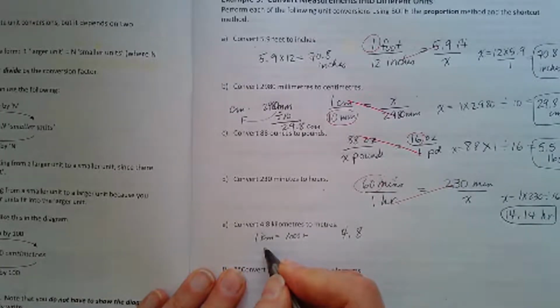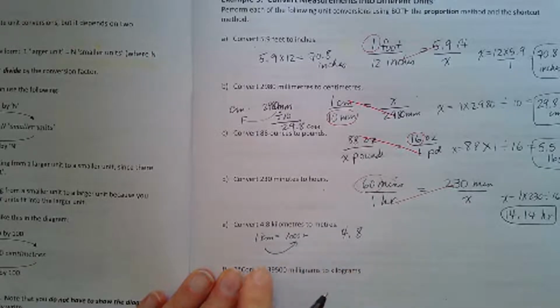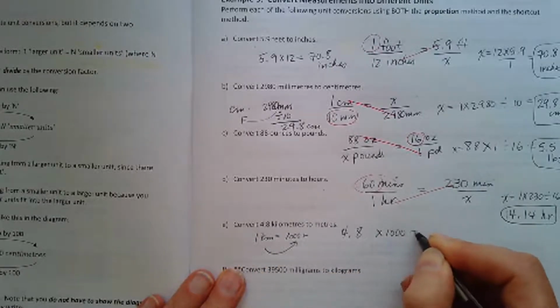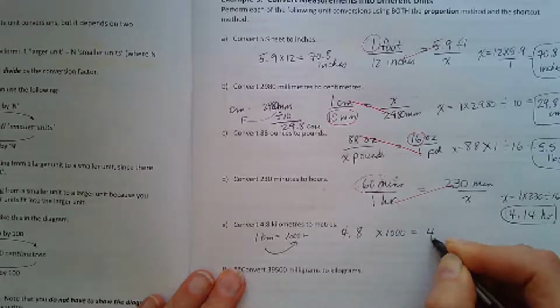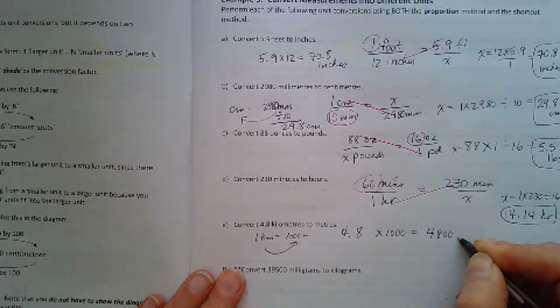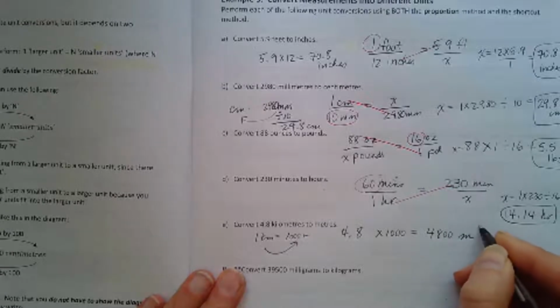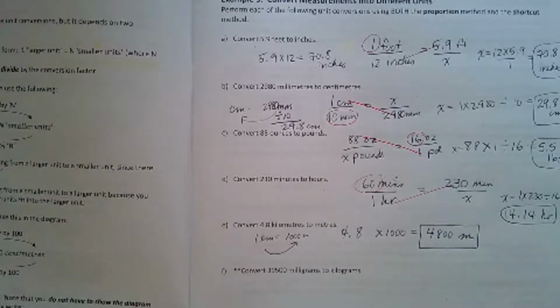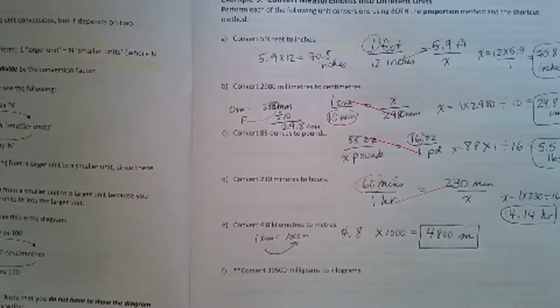I'm converting to meters, so I'm moving this way. So I'm going to multiply by 1,000. So 4.8 kilometers equals 4,800 meters.